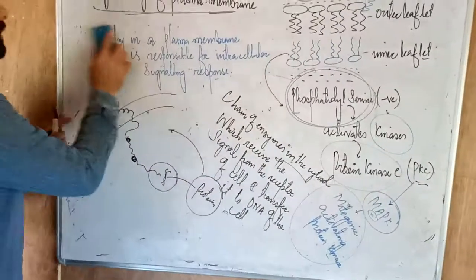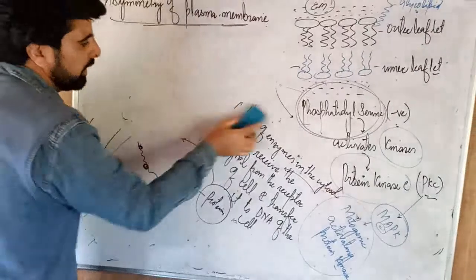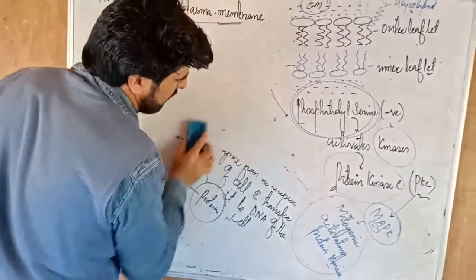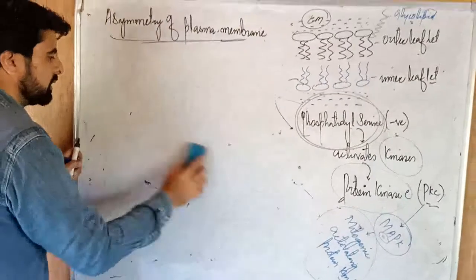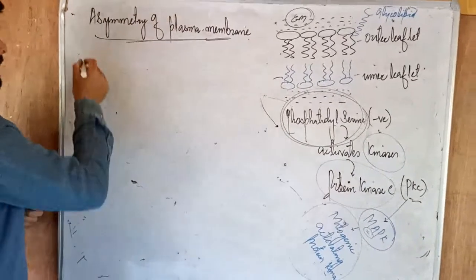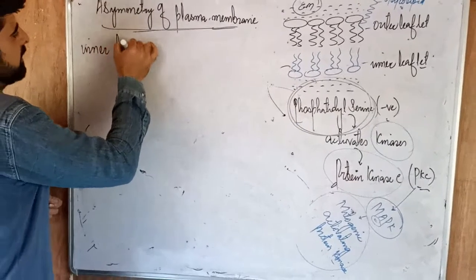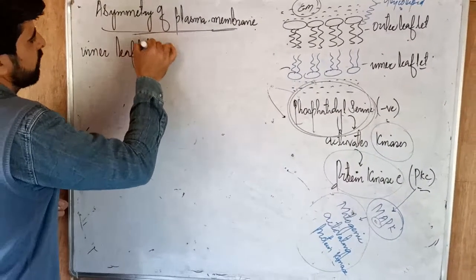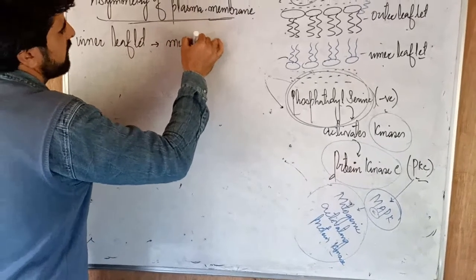Second thing we have, the very important thing, that in the plasma membrane, we have one of the substances located there in a minor quantity. So in a plasma membrane, but in the inner leaflet. Inner leaflet, that means internal layer, it is having one of the substances located in a minor quantity. Minor, you know, it's a very small quantity.